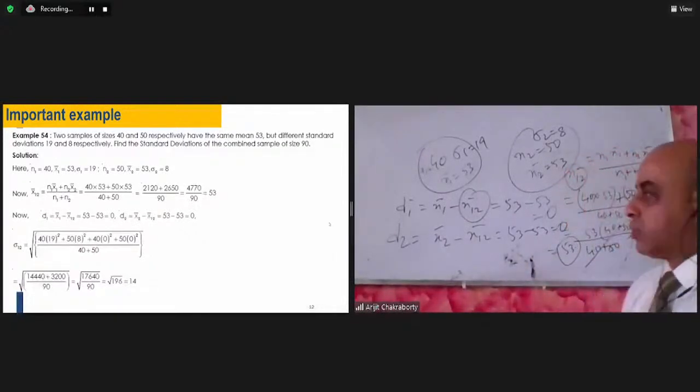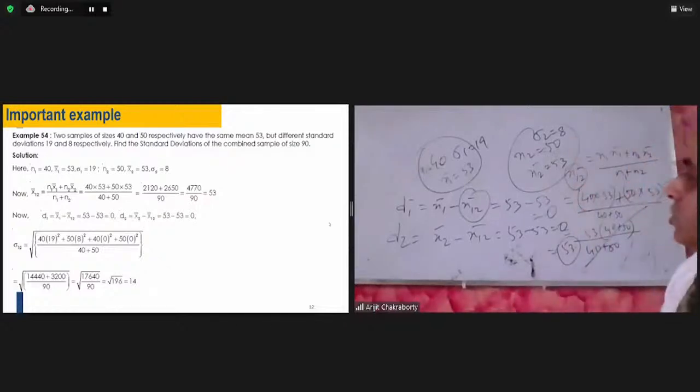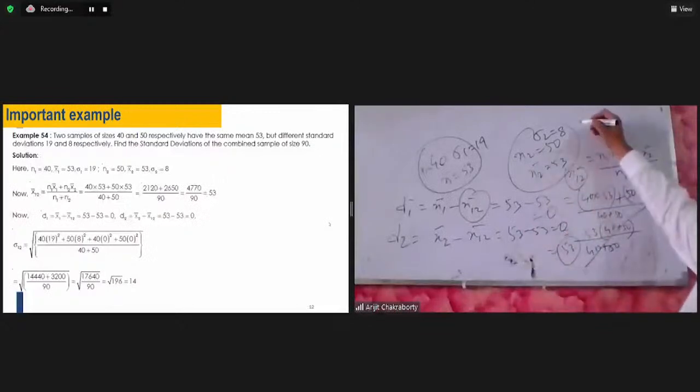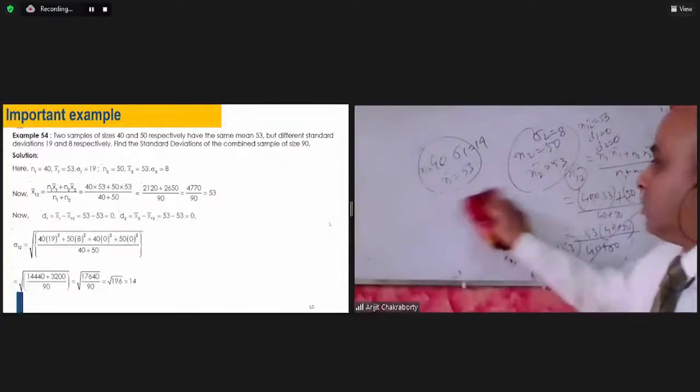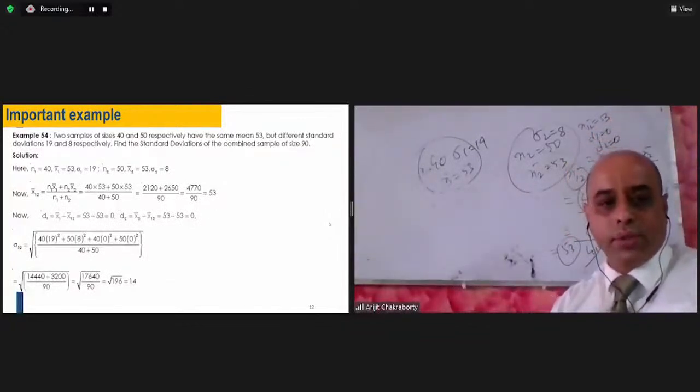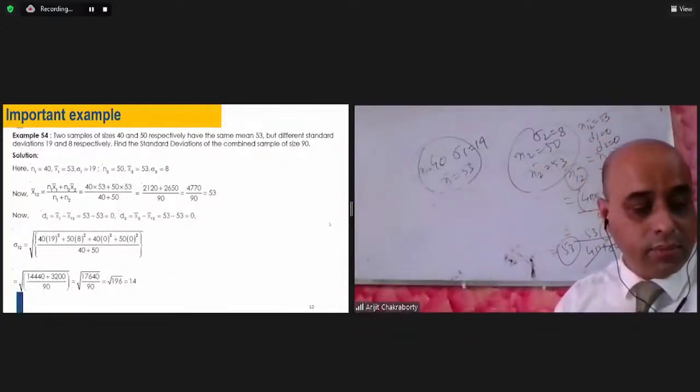Now, therefore, we put in the final calculations. So we have got all the figures. I will write here x12 bar is also equal to 53. D1 is 0, D2 is 0. Fine. So I'll rub this part and let us write the final formula for calculating the standard deviation. We are doing the combined standard deviation.